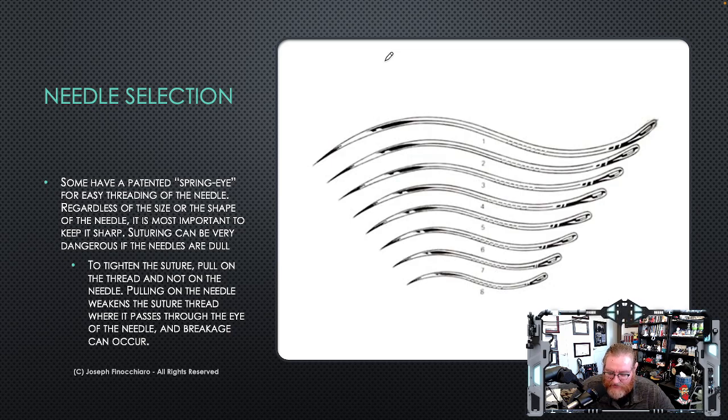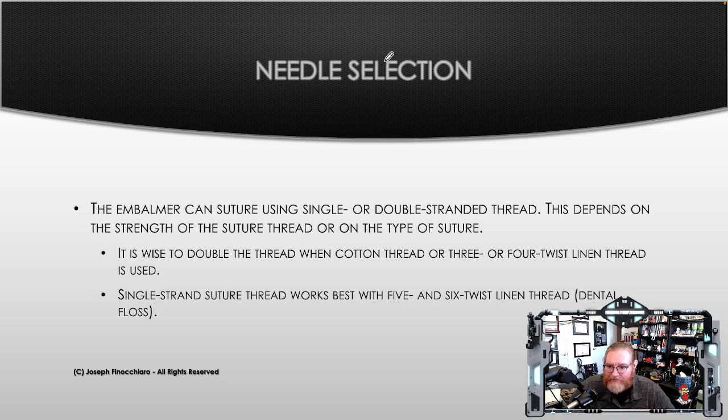Pulling on the needle weakens the suture thread where it passes through the eye of the needle and breakage can occur. Now, embalmers can use either single or double-stranded thread. This depends on the strength of the suture thread or the type of suture. So, a lot of students I've had, especially in most recent years, before I stopped teaching actively, say that my preceptors say always double up your thread.